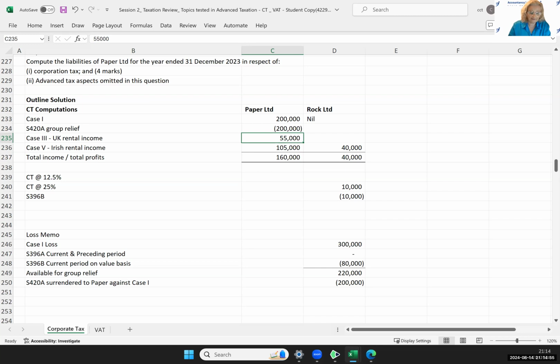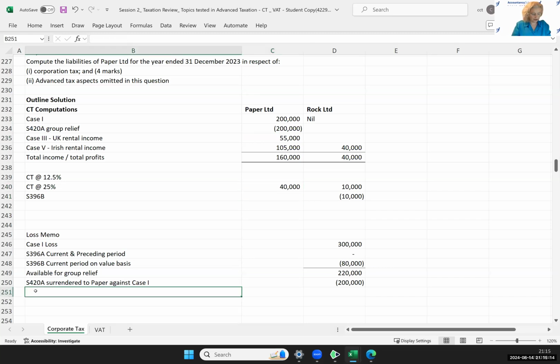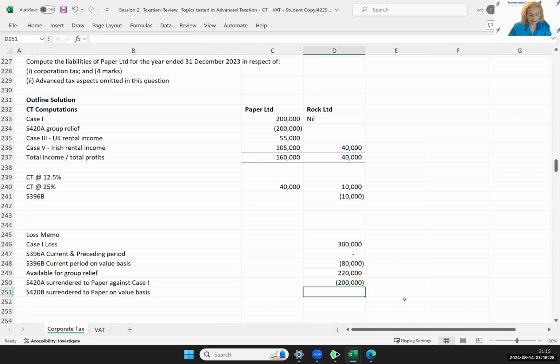Can it give any of that over to Paper Limited? It can. So Paper Limited will still have a tax liability. That 160,000 multiplied by 25% gives you a tax liability of 40,000 under section 420B. Surrendering on a value basis.